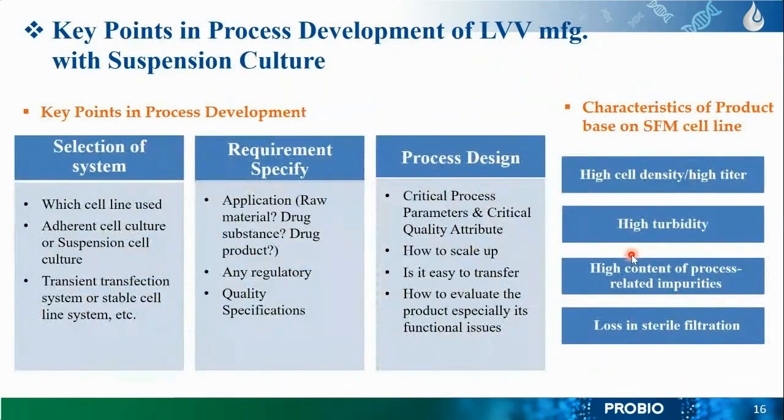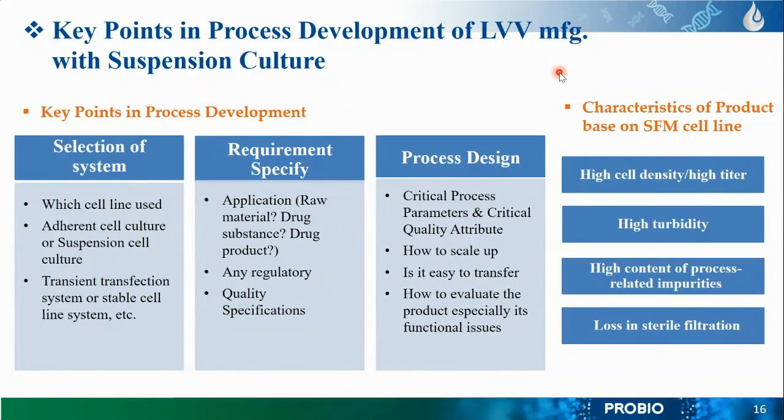Okay, so I would like to talk about the key points in the process development of lentivirus manufacturing with suspension culture. When you consider process development, you have to consider a few things. For example, we have to see which cell line you are going to use, whether you want to use it for adherent culture or suspension culture.